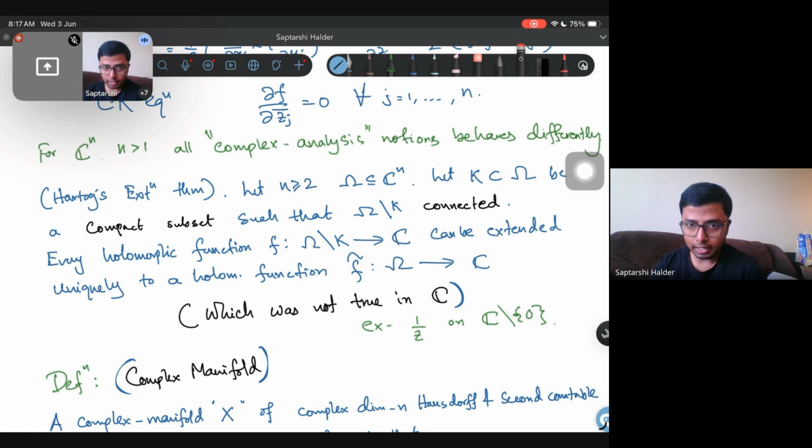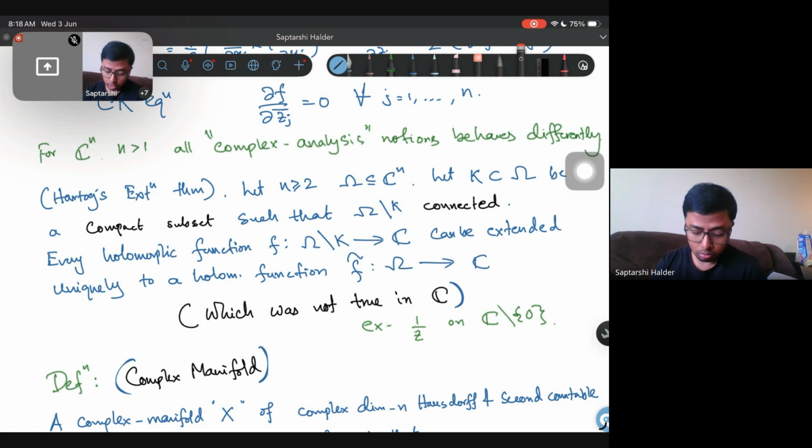Such that Omega minus K is connected. If it is connected, you can assume it's path connected, because the topology is the Euclidean topology; connected means nothing beyond path connectivity.